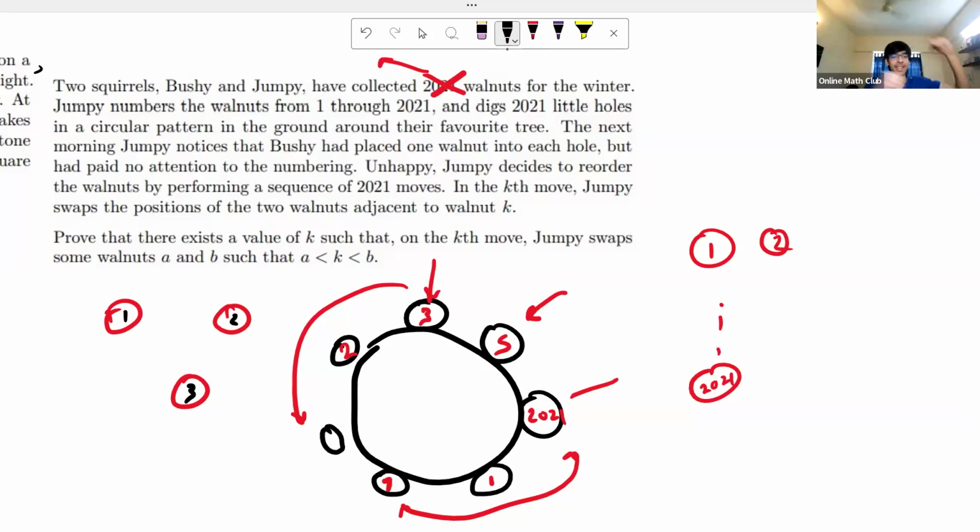However you label them, in some order they will be 1 to 3, either clockwise or counterclockwise. You just can't change that. Let's say 1 is first flipped, so now 2 and 3 get flipped, then 2 is flipped. When 2 is flipped, 2's neighbors are 1 and 3, so yes, a is less than k is less than b, and so you're done. That was a very trivial case, not very fun.